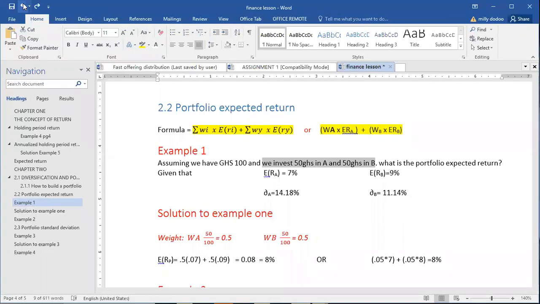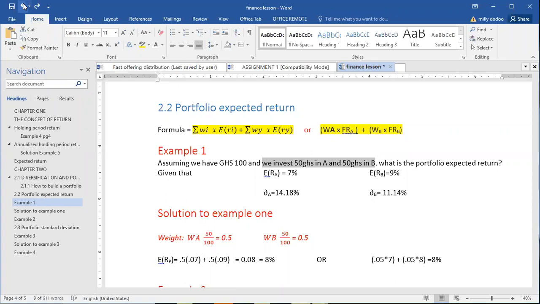Number 2, if you have been given parts of the weights, leaving out one of the investments, don't say that they gave you only one, so you cannot do it. So I give 2 of you 100 Ghana cedis.